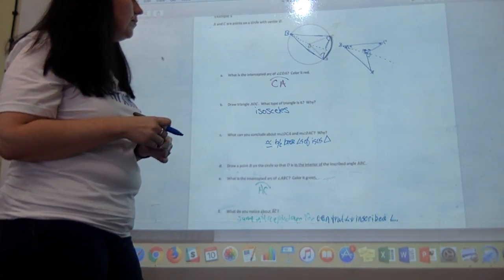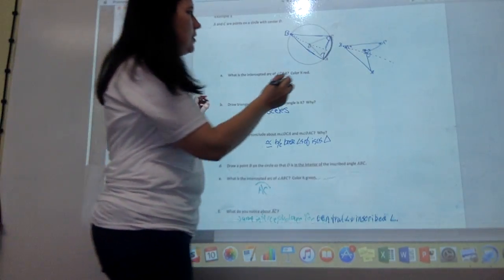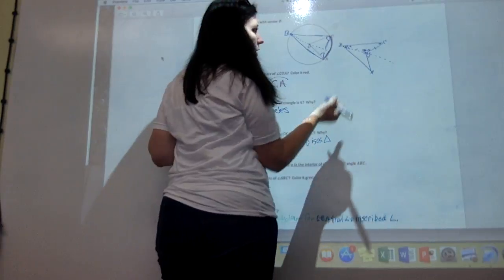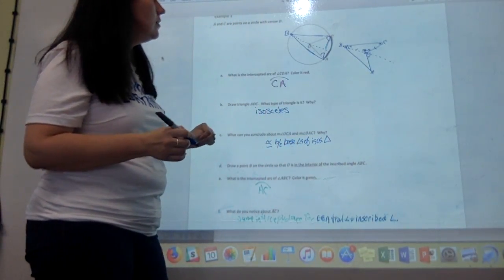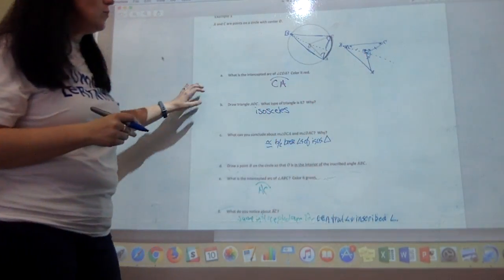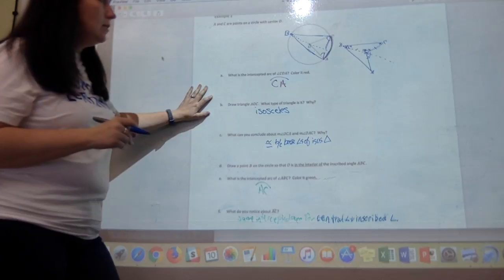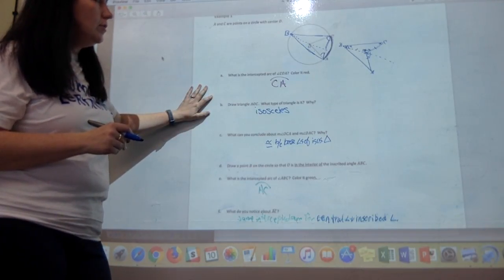Why is angle CA though? Because this is a radius and this is a radius. And then if both of these are a radius, all radius.